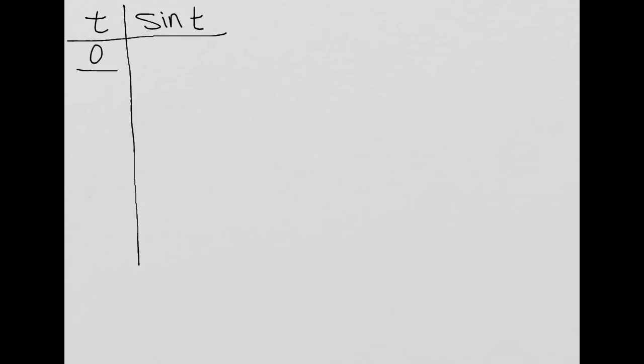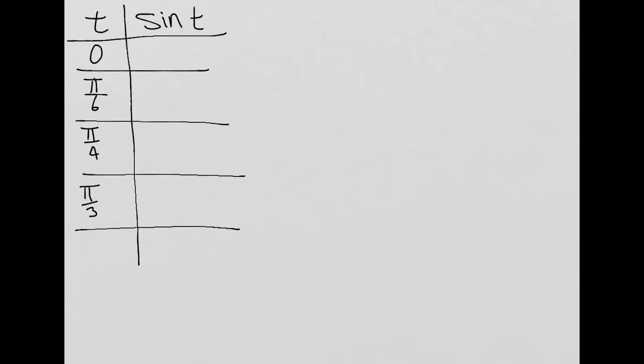Well, I'm going to need values for t and values for the sine of t. Now there's a few values for t that we worked out previously. When t is 0, pi over 6, pi over 4, pi over 3, pi over 2.